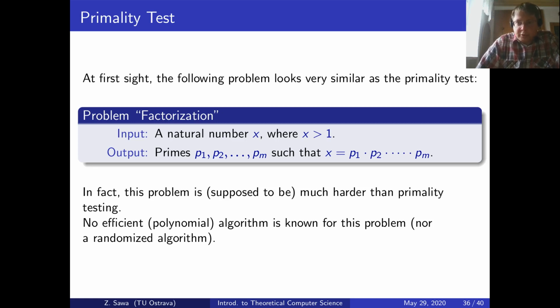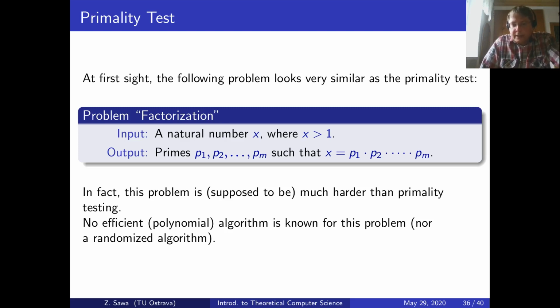So division is something that could be done efficiently, and then we could proceed recursively on this divisor and x divided by this divisor, until only primes remain.